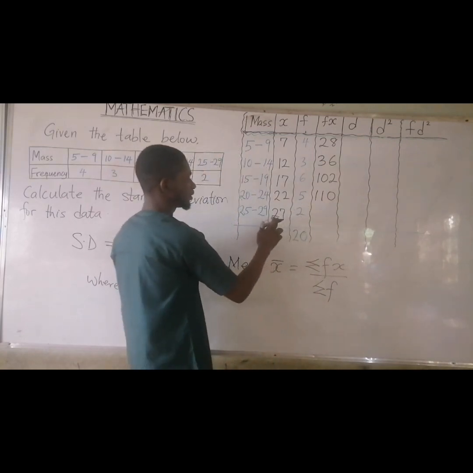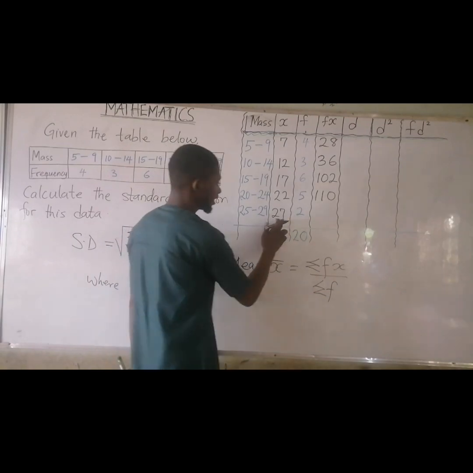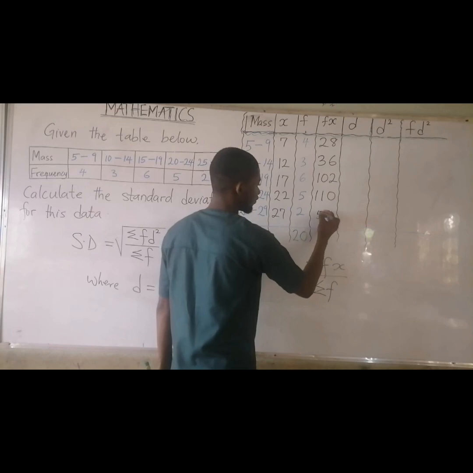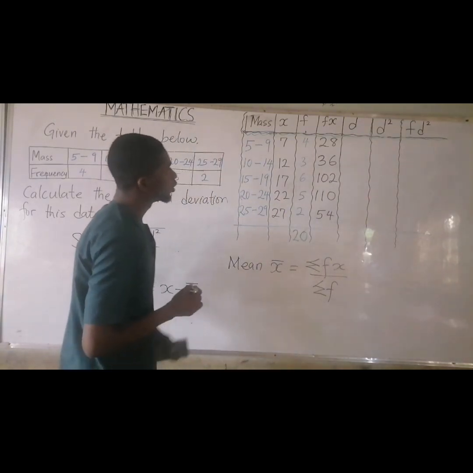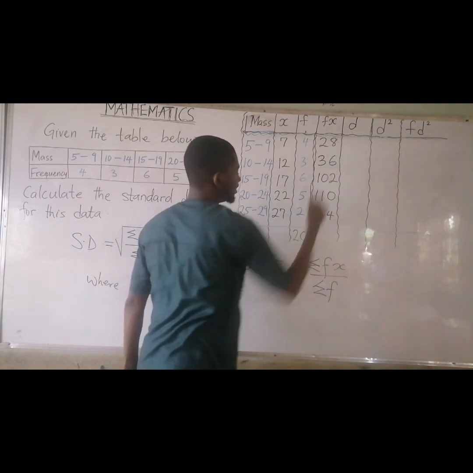Then 2 multiplied by 27, that is 54. Now we know this, so we can move on to determine the D.